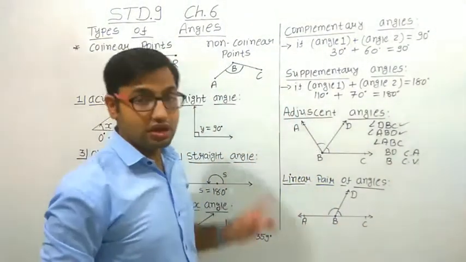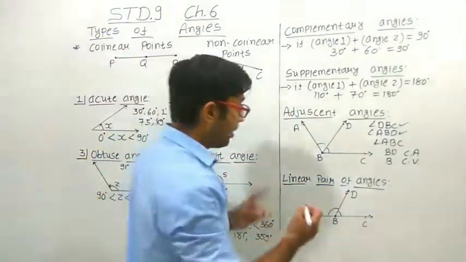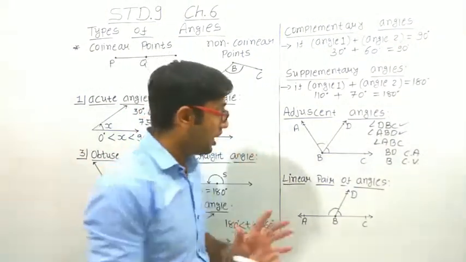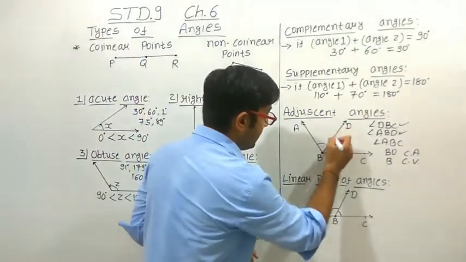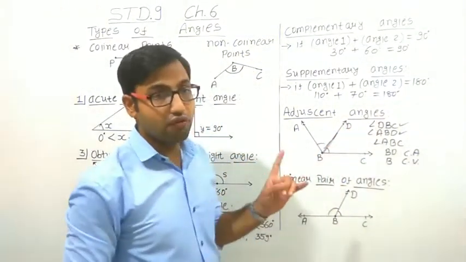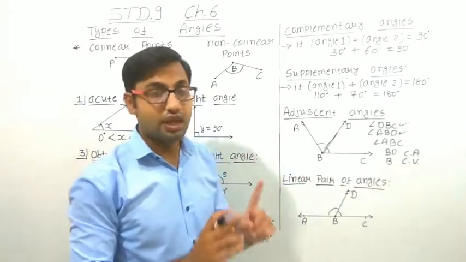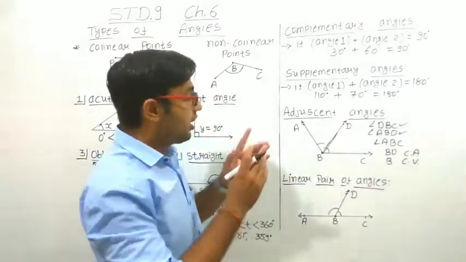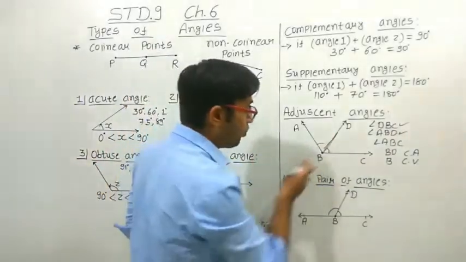The third and important condition is about the remaining arms. One angle has two arms. One arm is common here, BD. So both the angles now have one arm remaining, and both these arms must be in the opposite direction of this common arm.